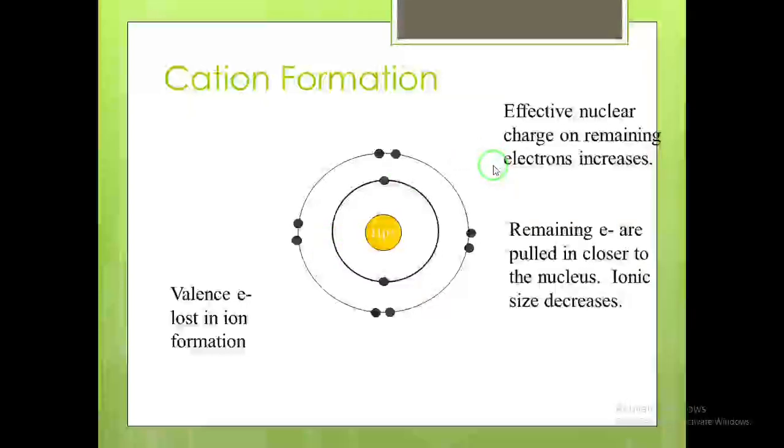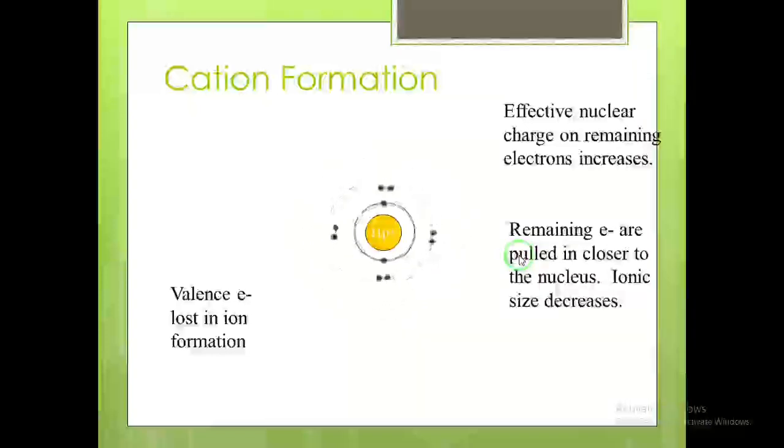So you can see when the cation is formed, the effective nuclear charge on the remaining electrons increases because you are now left with the inner shell. It shrinks because an electron is lost. That's why the cations are always smaller than the neutral atom. Look at it. You see the way it shrunk.